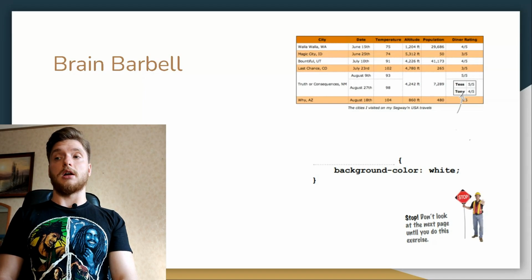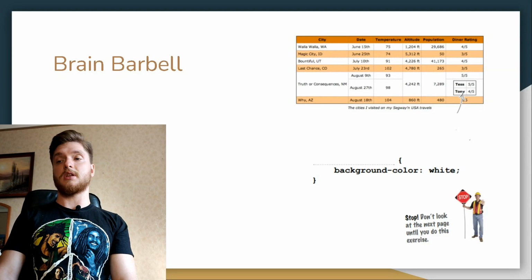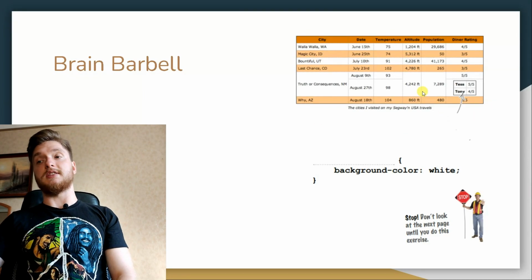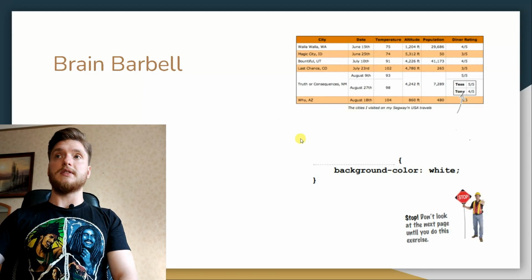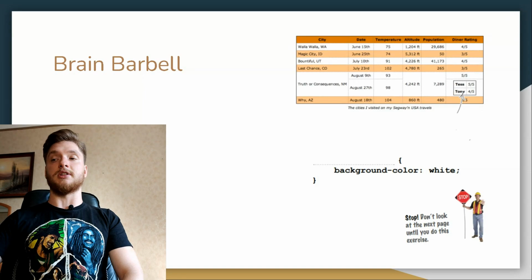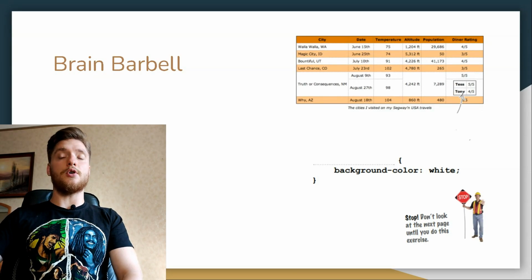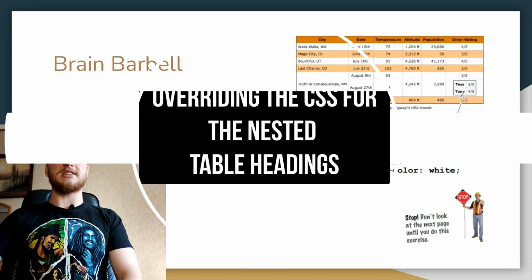Now, how? You need to find a selector that selects only the nested table headings. We want to change the background color of nested table headers to white. Determine the selector to select only the nested table headings element. Okay, overriding the CSS for the nested table headings.